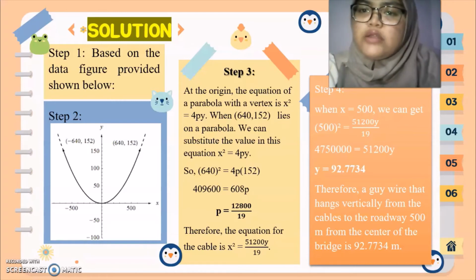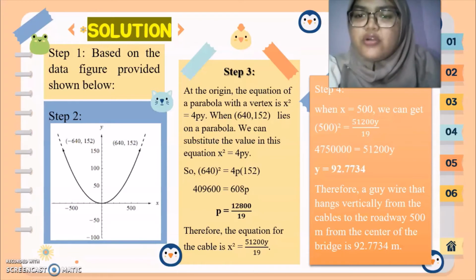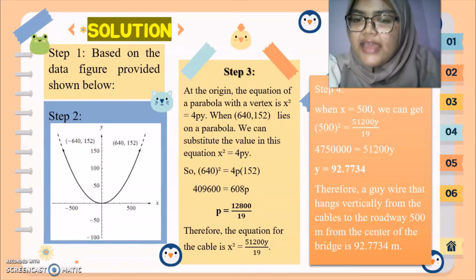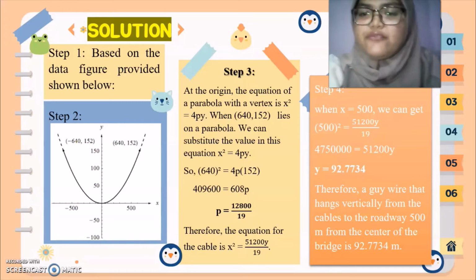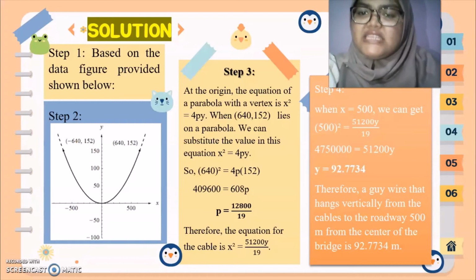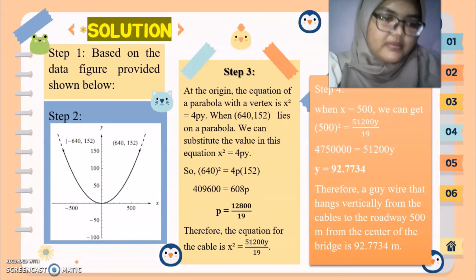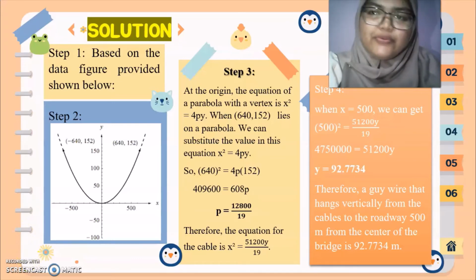Step 4, when x equals 500, we can get y equals 19. Therefore, a guy wire that hangs vertically from the cables to the roadway 500 meters from the center of the bridge is 92.7734 meters. That's all from me. Thank you.